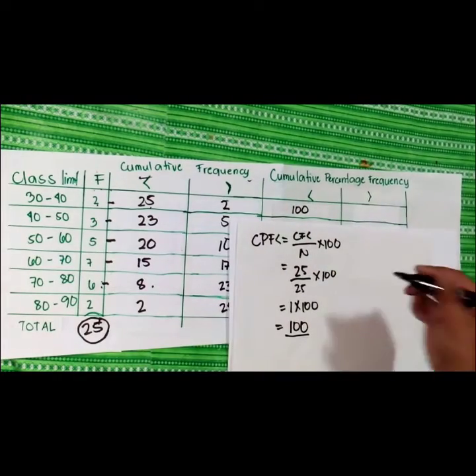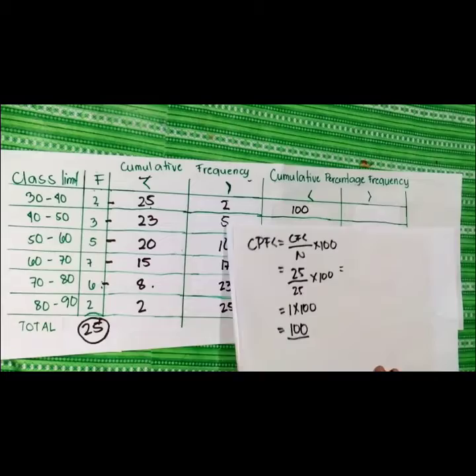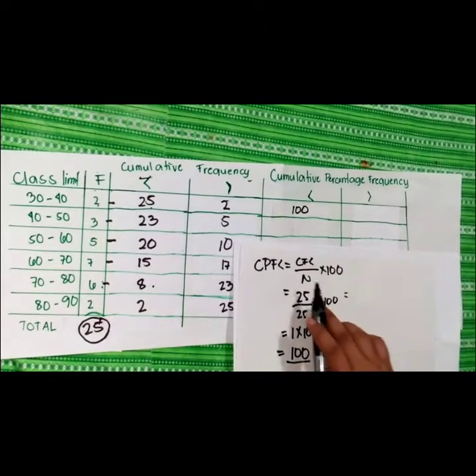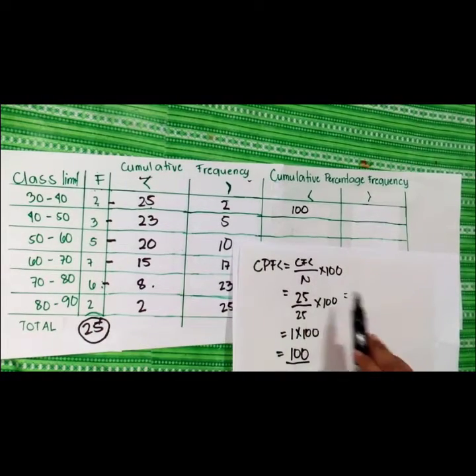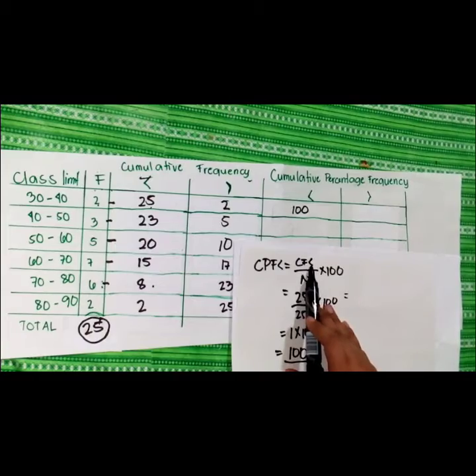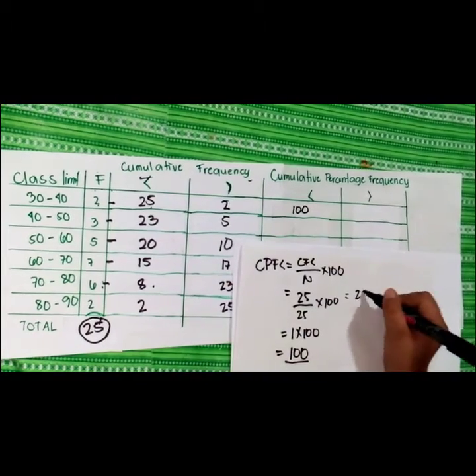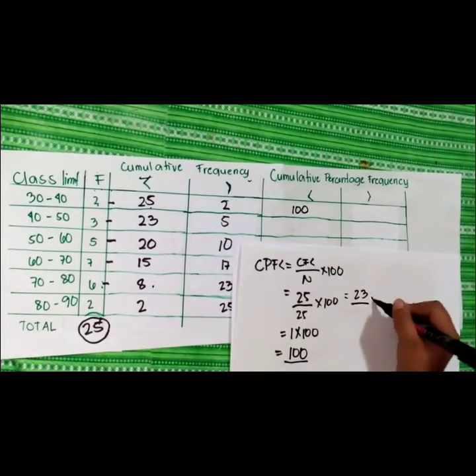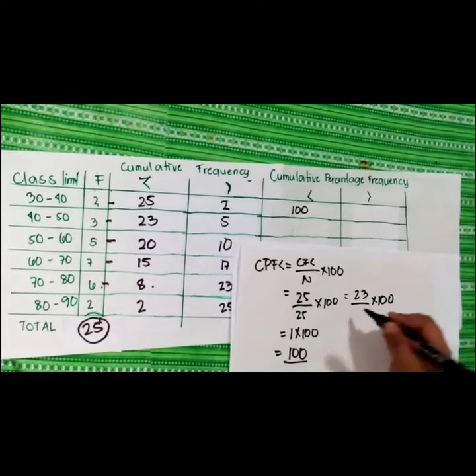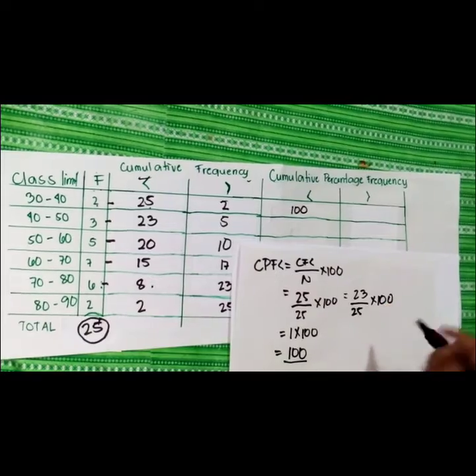Here is another example, so that you can get what I say on how to compute the cumulative percentage frequency lesser than. In our second row, we have a cumulative frequency of 23, so we write 23. And we have a number of cases, 25.